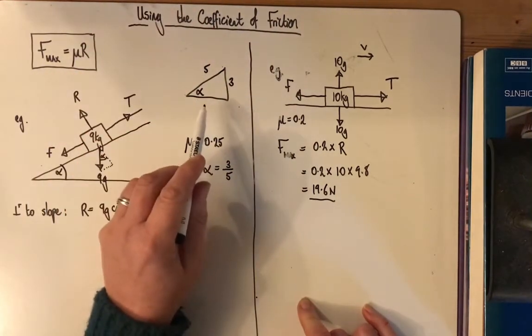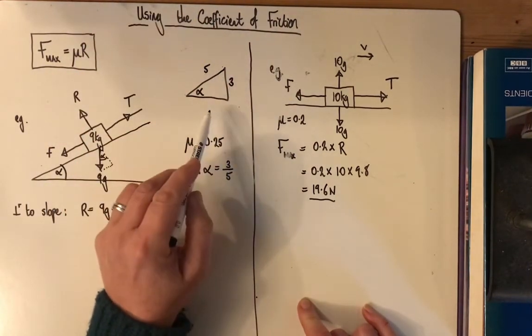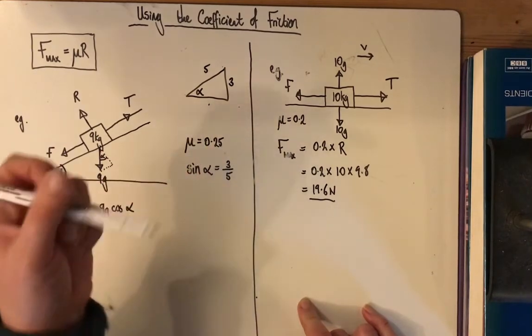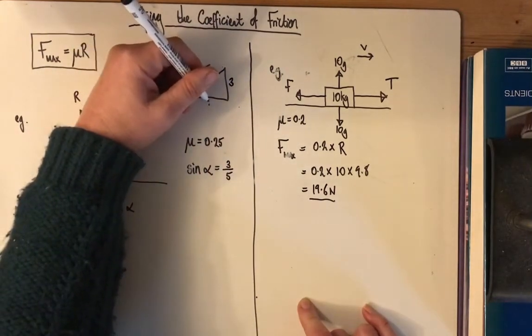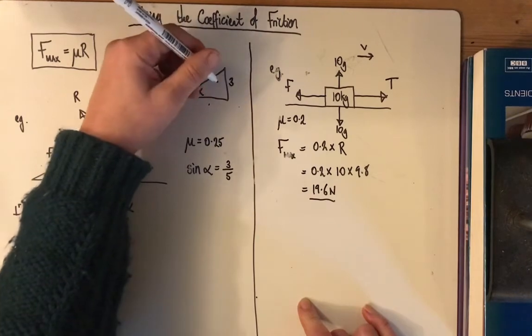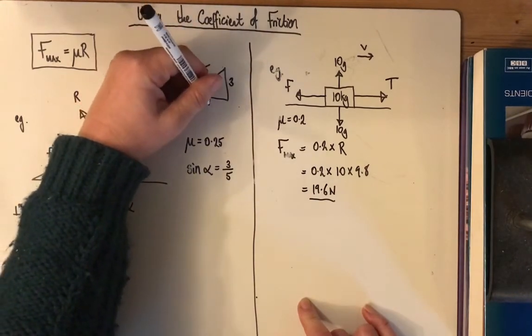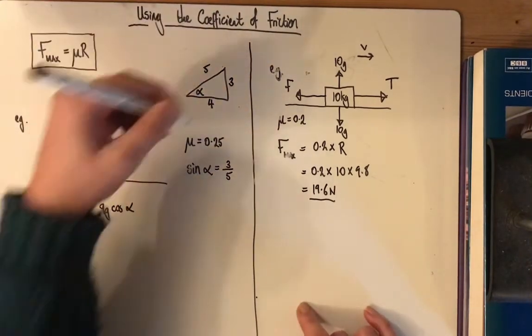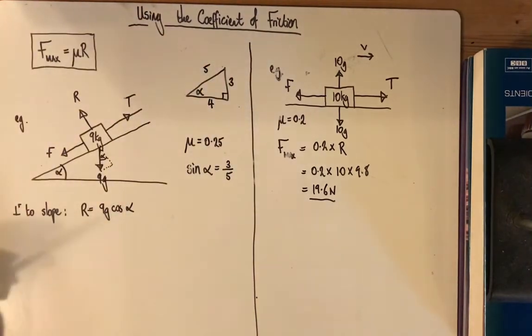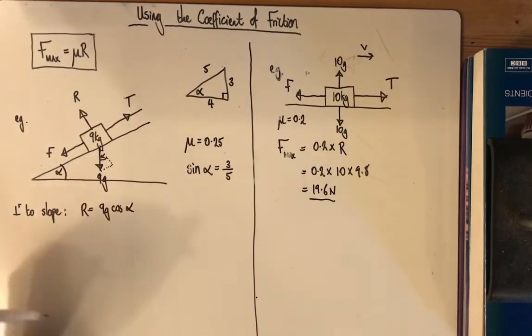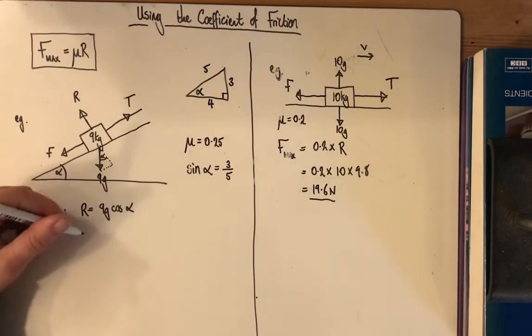And so if you just do Pythagoras around here, you can work out the length of this side here. So 25 minus 9 is 16, square root of 16 is 4, so 3, 4, 5, right angle triangle. And so cos alpha is equal to 4/5.